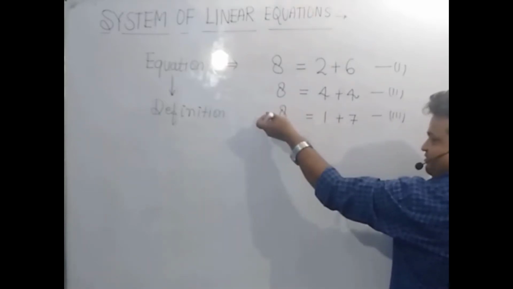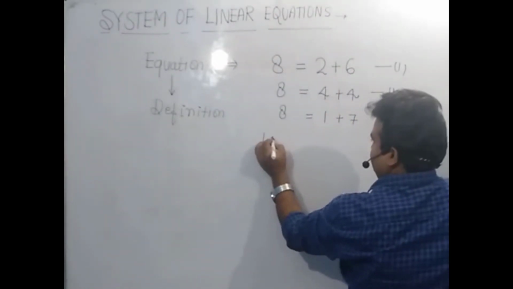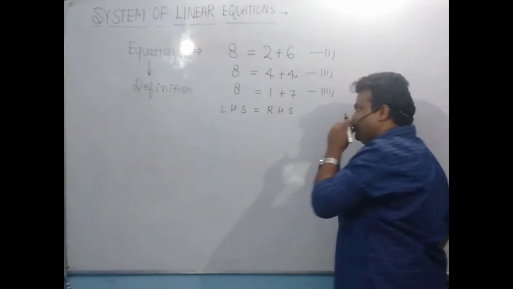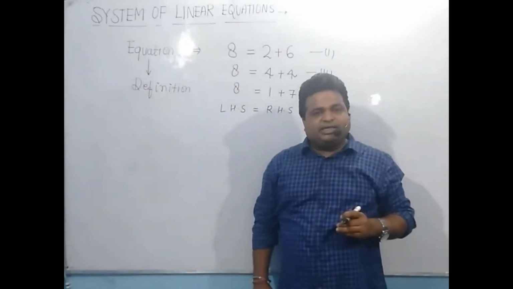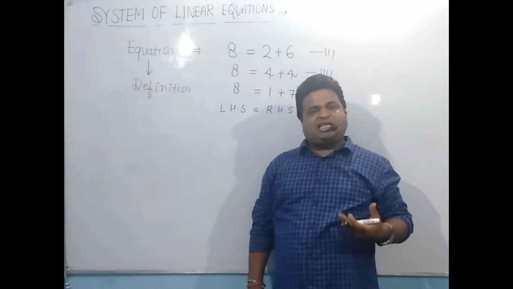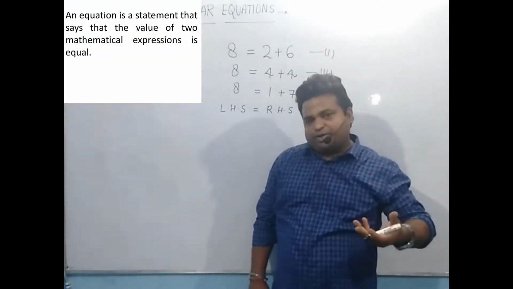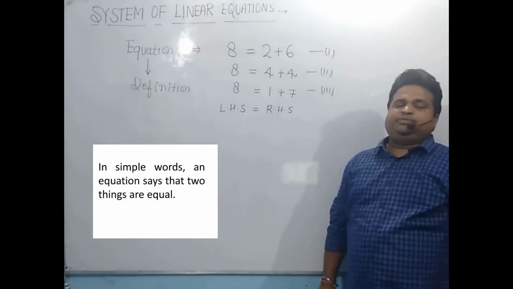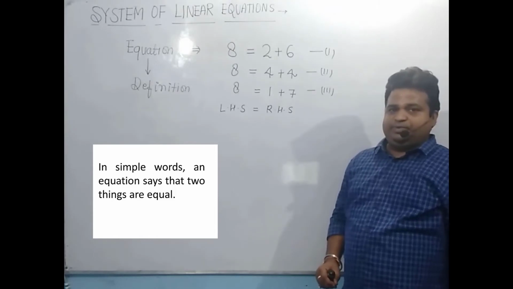So in all three equations, the left hand side value is equal to the right hand side value, and equation says that two things are equal in nature.